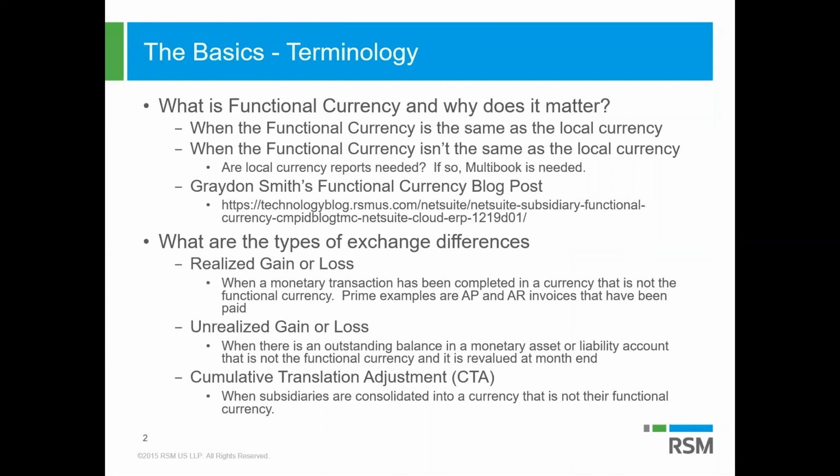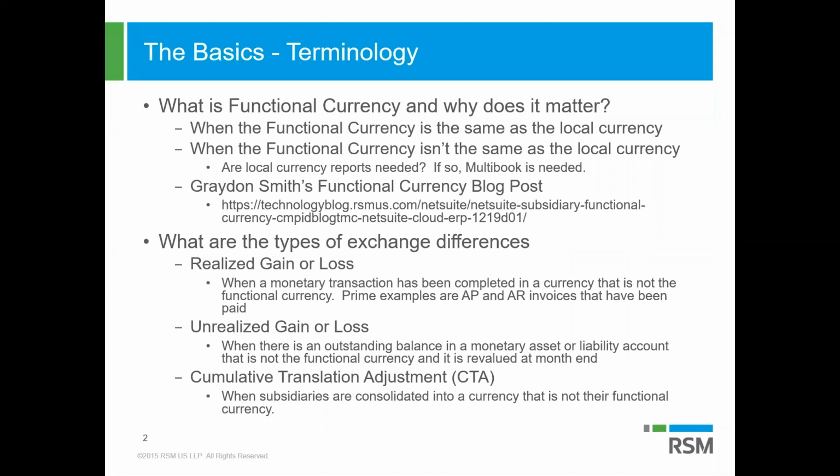For the most part, if you have a significant presence in a country, in other words, you have payroll, you have brick and mortar locations, you do significant sales there, you carry inventory there, the vast majority of your expenses occur there and are denominated in that currency, your functional currency will probably be the local currency.